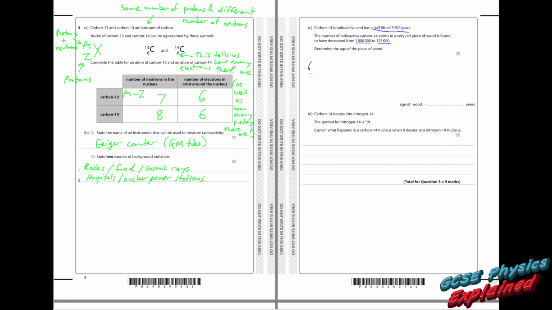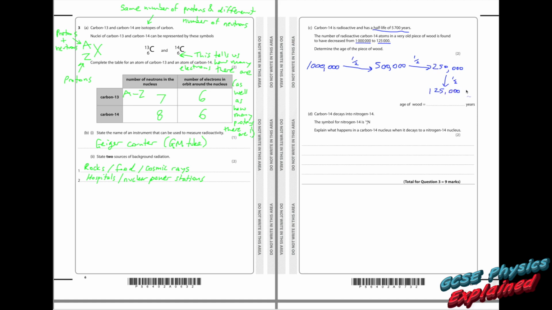I always set it out the same. We're going from 1,000,000. So if we halved it once, that would go down to 500,000. Then if we halved it again, that would go down to 250,000. And then we need to halve it again to get it down to 125,000.